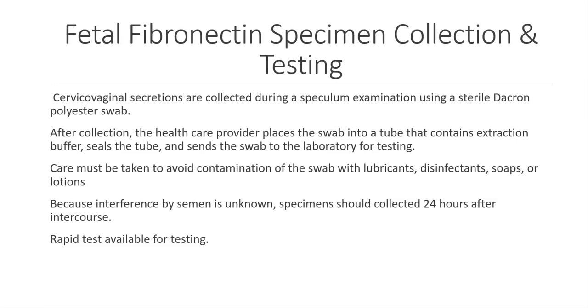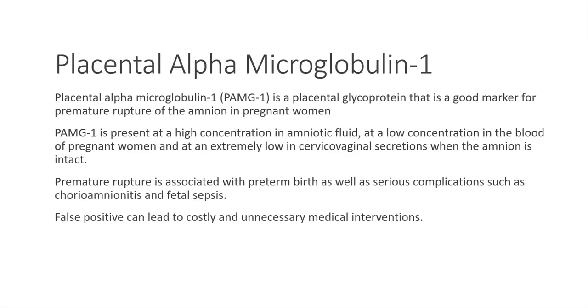Rapid tests are available. Placental alpha-microglobulin 1 is a placental glycoprotein that is a good marker for premature rupture of the amnion in pregnant women. And as a lot of you know, rupture of the membranes, usually that's when your water breaks, but sometimes you can get a premature rupture, but it's not the big one.